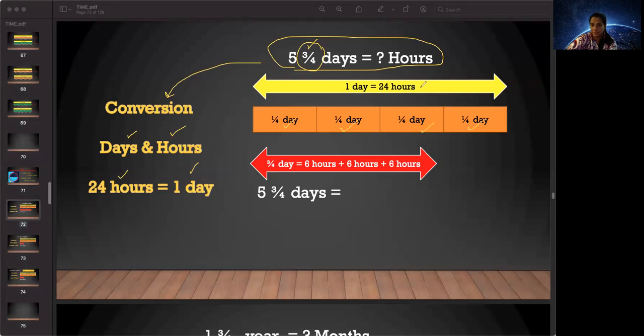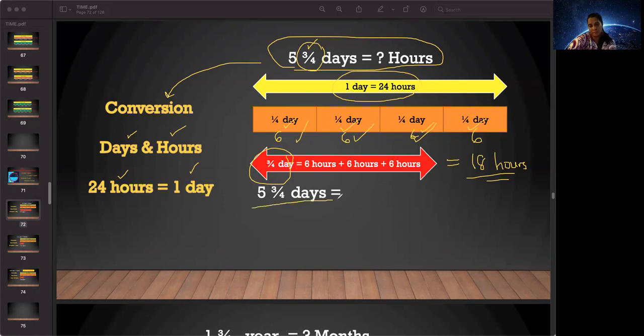And if the whole thing is 1 day, which is 24 hours, you take your 24 and divide into 4 parts. And that would give you 6 hours for each quarter. Now, if you have 3 quarters, then it's 6 plus 6 plus 6, and that would give you a total of 18 hours. So 3/4 of a day is 18 hours. It's less than 24 hours because 3/4 is less than 1.